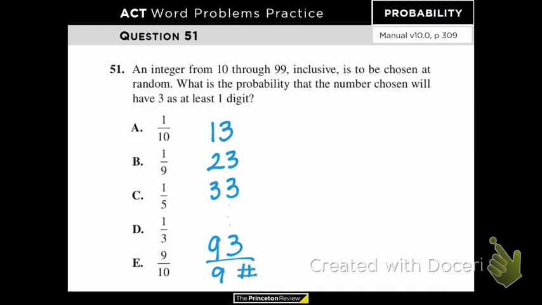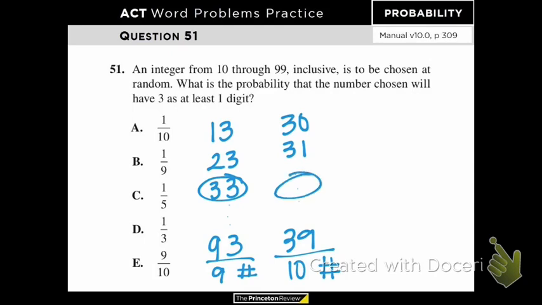But then you also have to think that all the 30s, so 31, 32, all the way up to 39, also have 3's in them. That's actually a total of 10 numbers, because you're starting with 30. But you also have to remember that 33 is going to end up being in both of these lists, and so you don't want to double count that one.